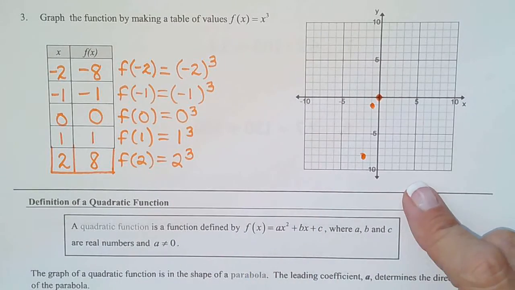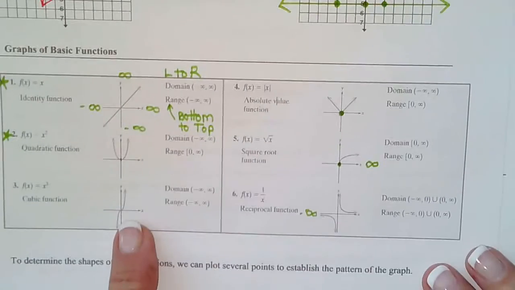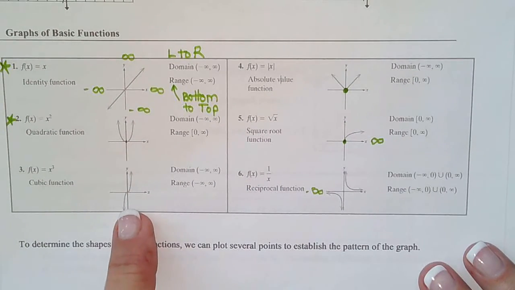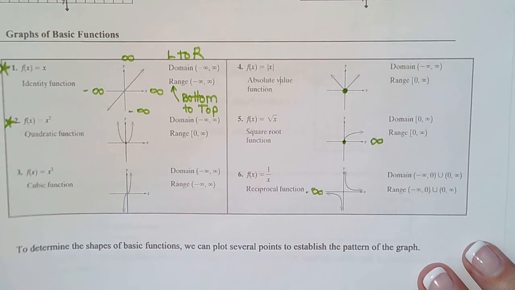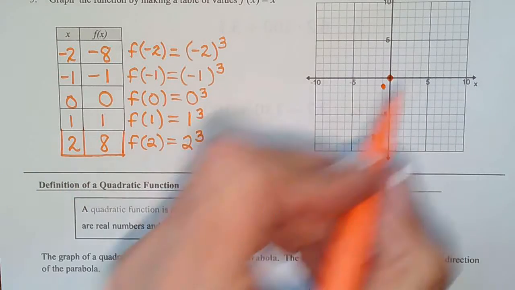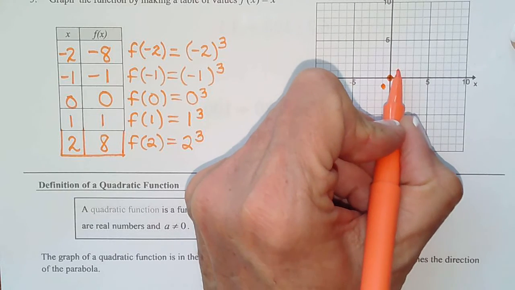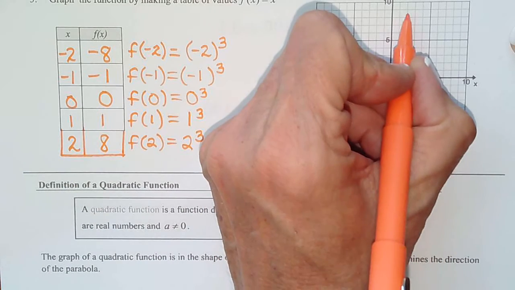Because remember from the other page, I kept it here so we could look at it, the cubic does, if it hasn't been shifted, go through the origin. So this is what we're aiming for, this kind of shape. And then 1, 1, x is 1, y is 1. And last, x is 2, y is 8.